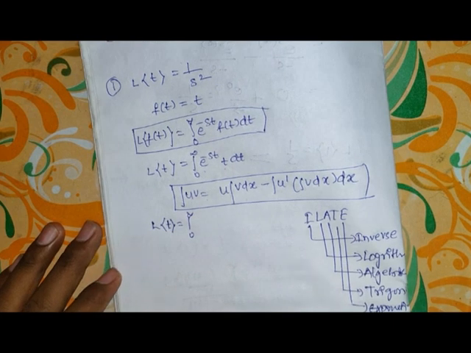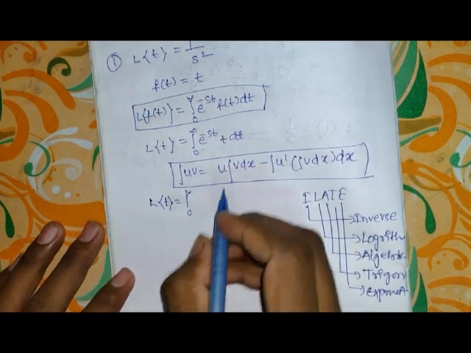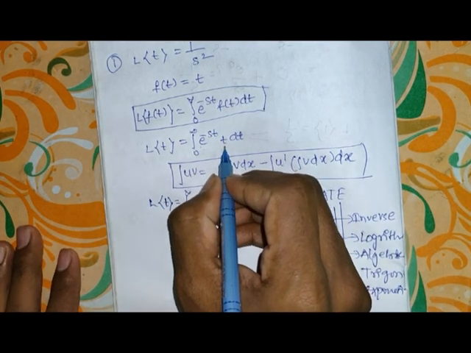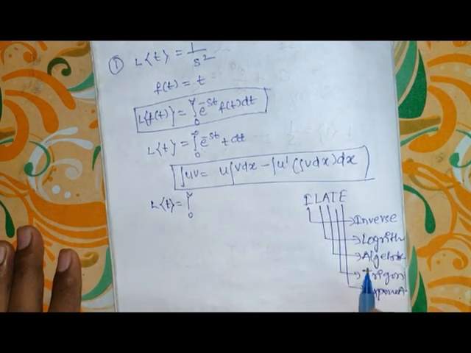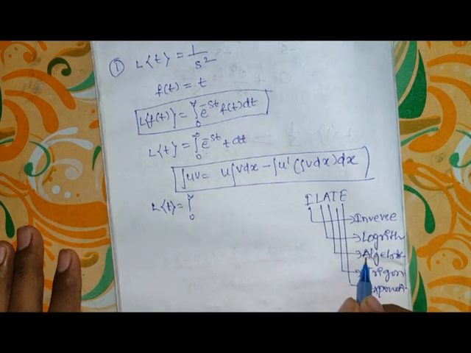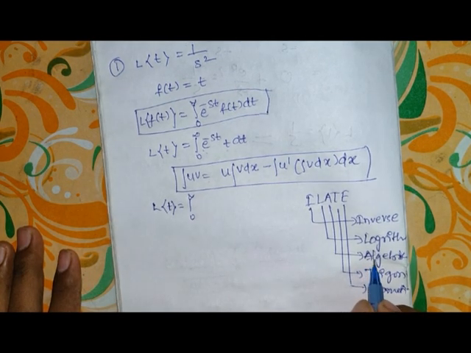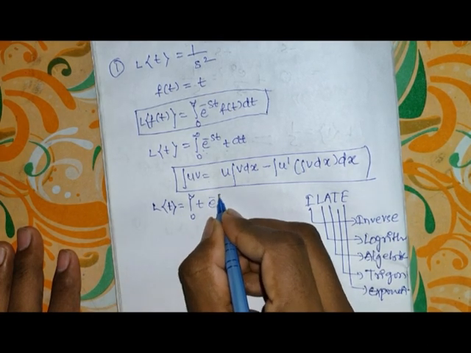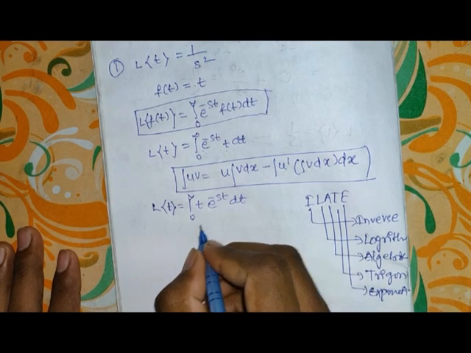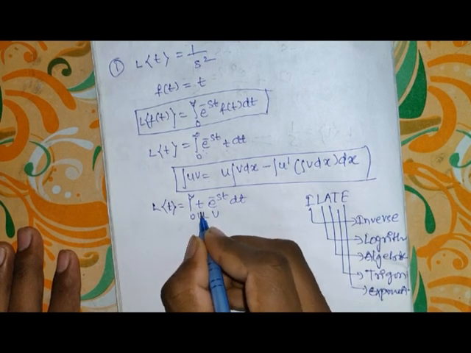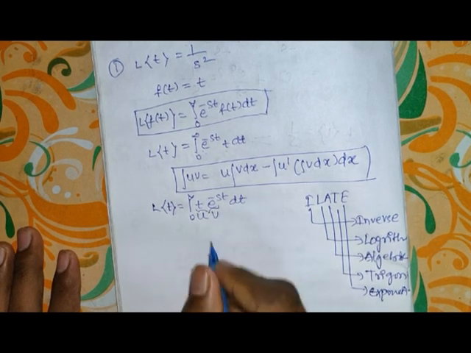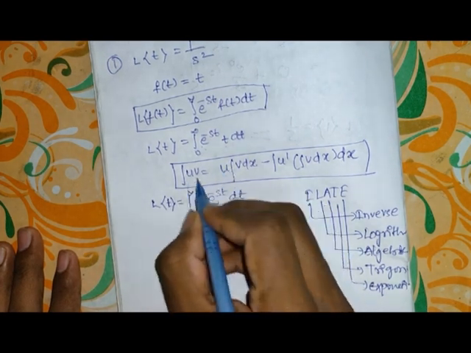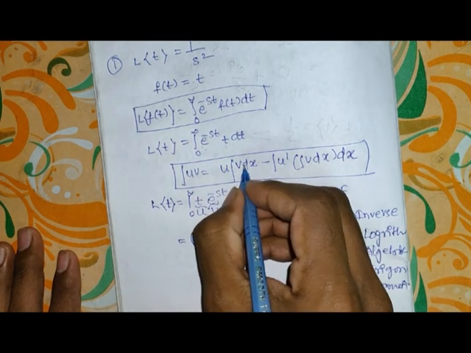Next, which is coming first, algebraic or exponential? Algebraic is coming first. So t e^(-st) dt. Here it is u into v, this is the correct way. So we are going to solve by this formula, the uv rule of integration.